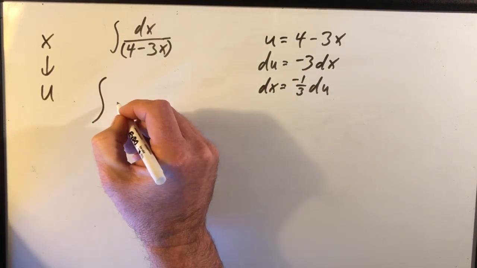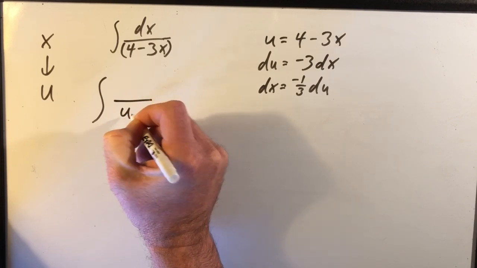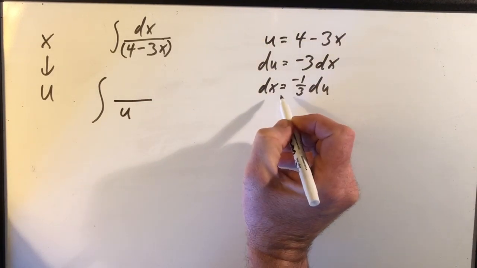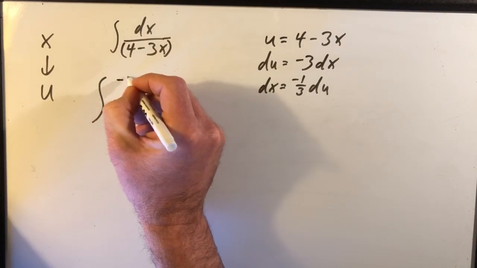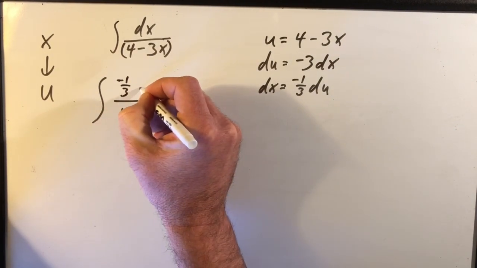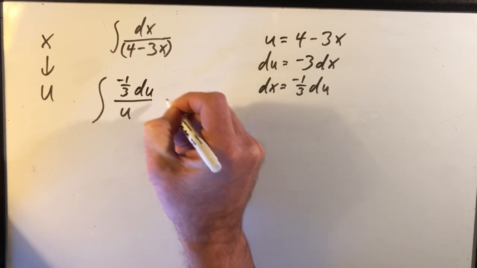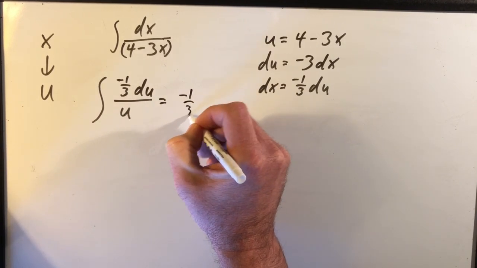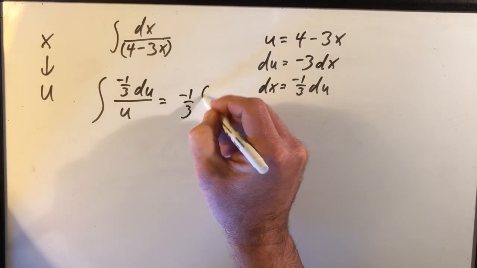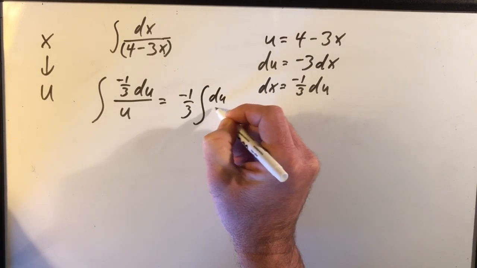So my u goes right in the denominator. My dx becomes negative 1/3 du. Simplify that a little bit. I'm just going to throw the negative 1/3 out to the front, and I'm just going to have du over u.